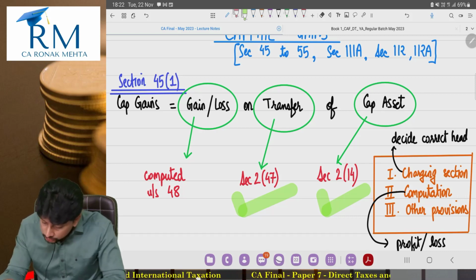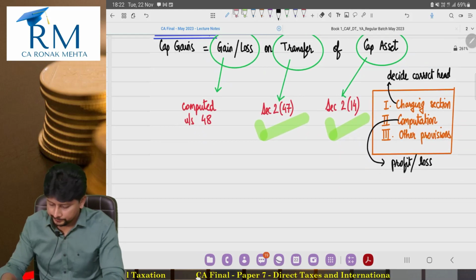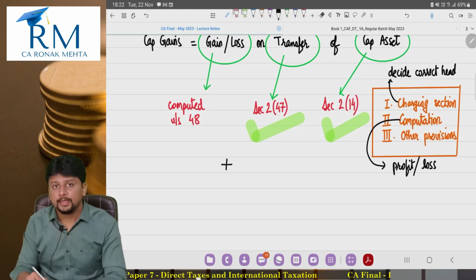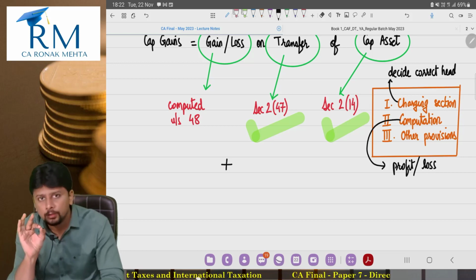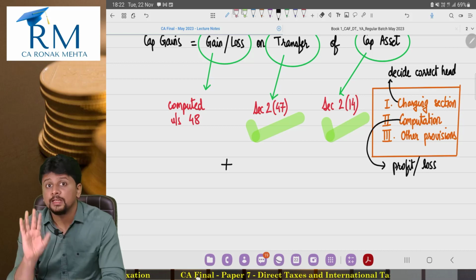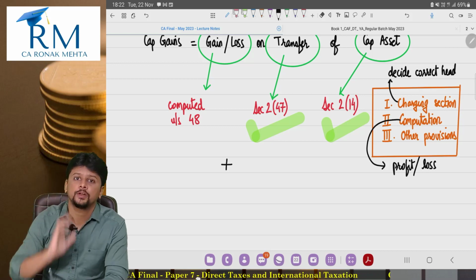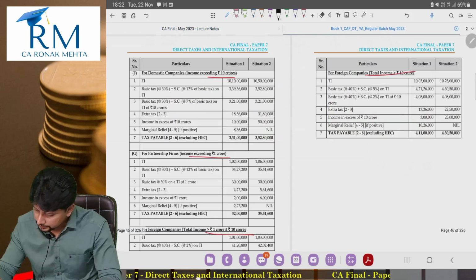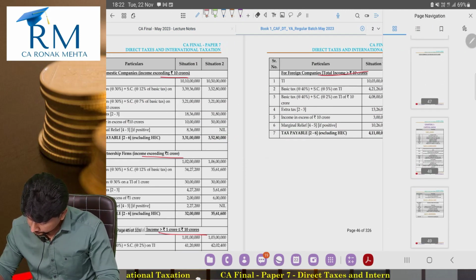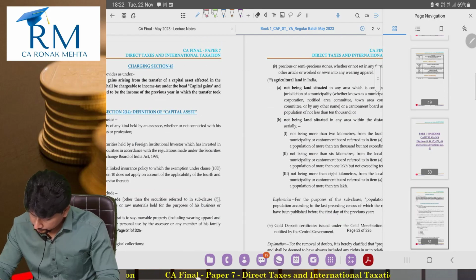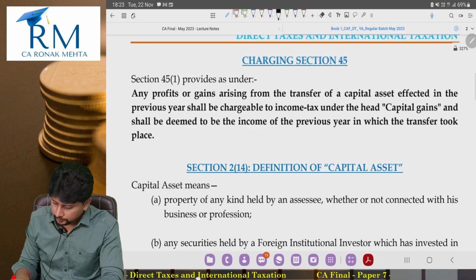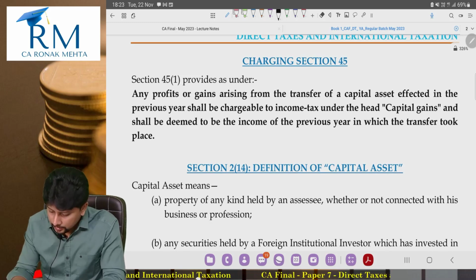45(1) also tells you one more thing. It tells you that capital gains will be deemed to be income of the previous year in which the transfer takes place. See this. This is how it is printed in the Act.